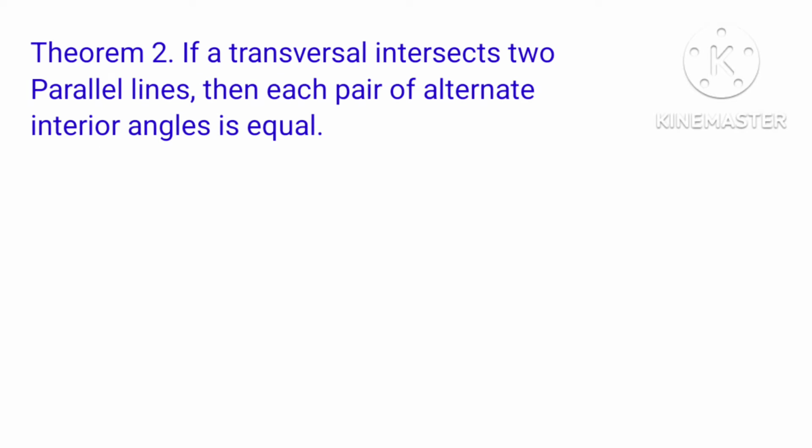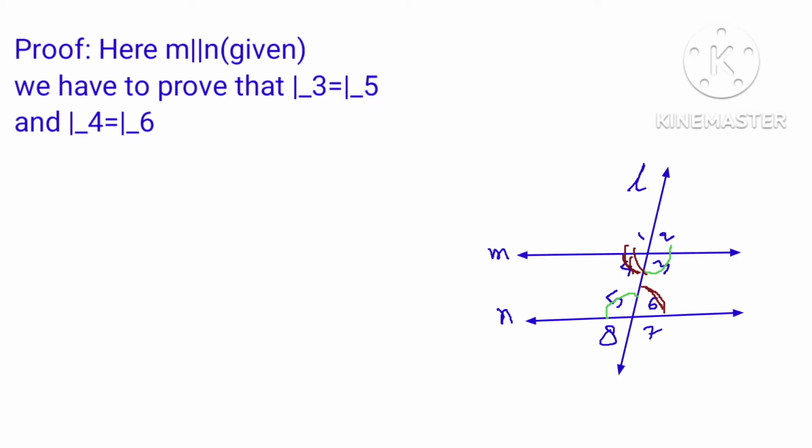Theorem 2. If a transversal intersects two parallel lines, then each pair of alternate interior angles is equal.